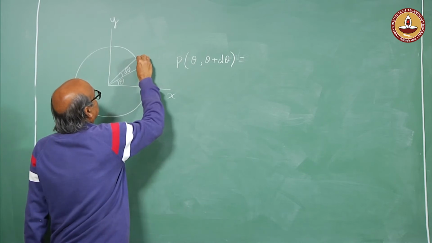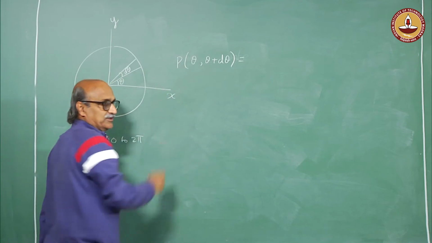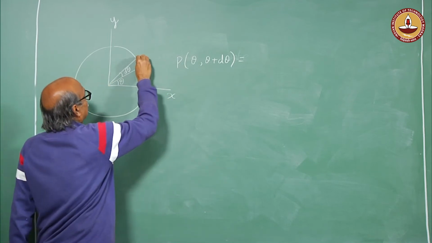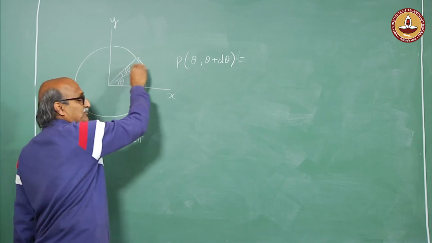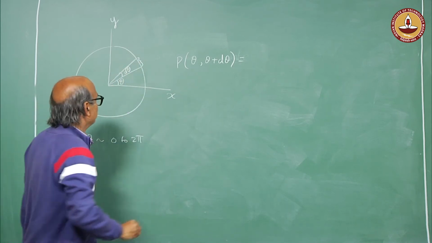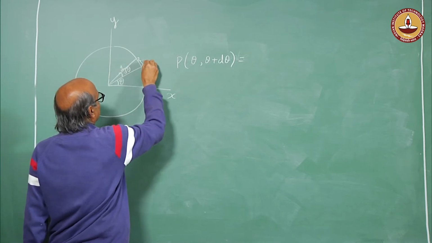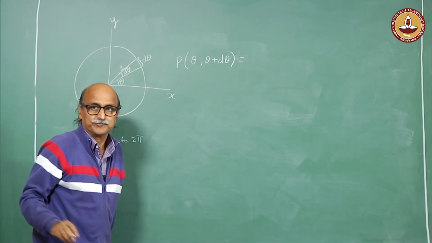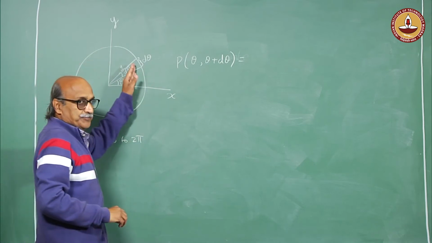that the probability that this orientation will lie between theta and theta plus d theta, we can determine from the length of this infinitesimal arc, which, as I have a circle of unit radius, is simply d theta. And what is the perimeter of the circle?